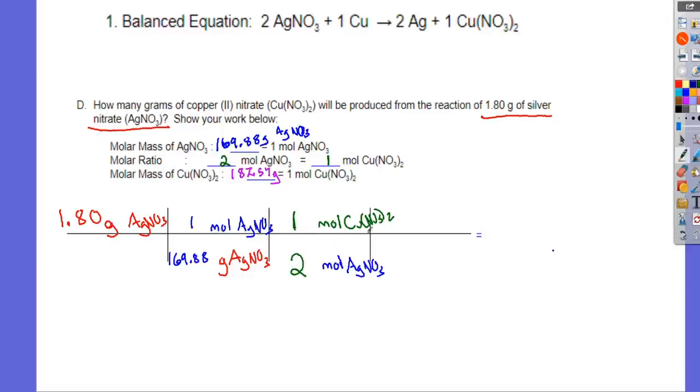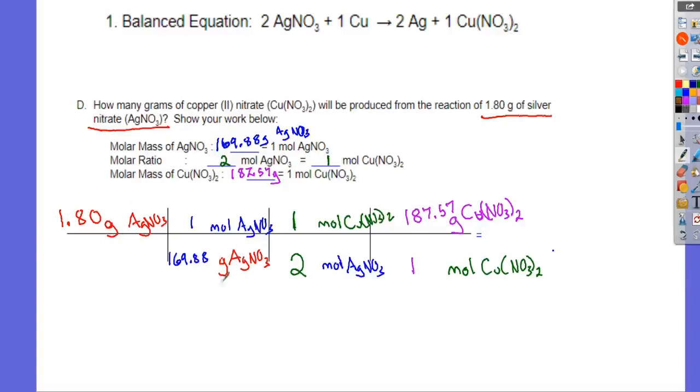Once again, if I have moles of copper nitrate on top, I want to put moles of copper nitrate on the bottom. Looking at my equivalency statements, I have moles of copper nitrate equal to grams of copper nitrate. So grams of copper nitrate goes on top. I have 1 mole for every 187.57 grams.